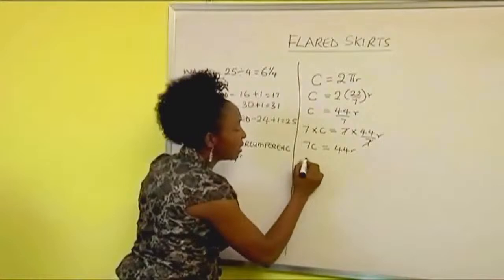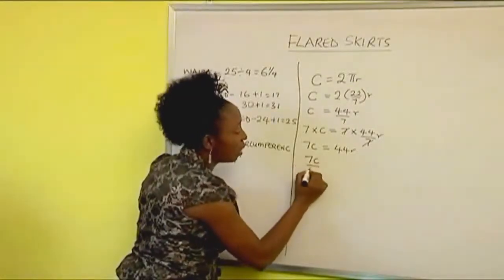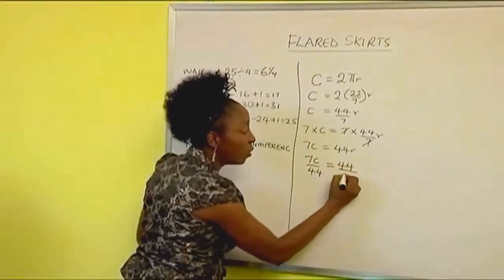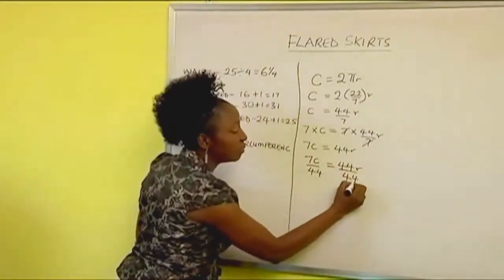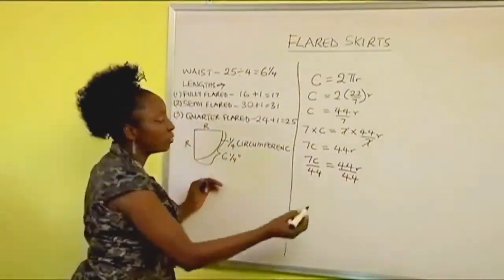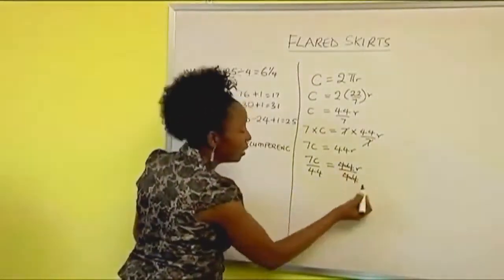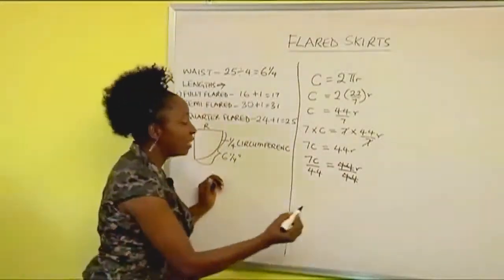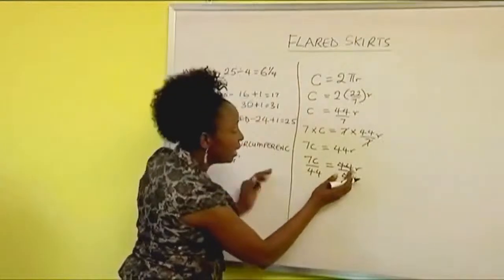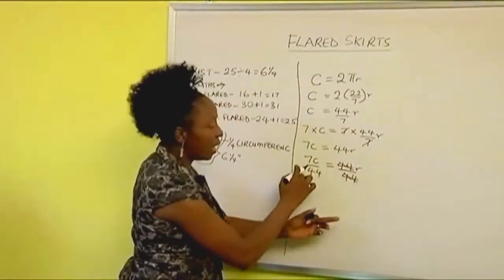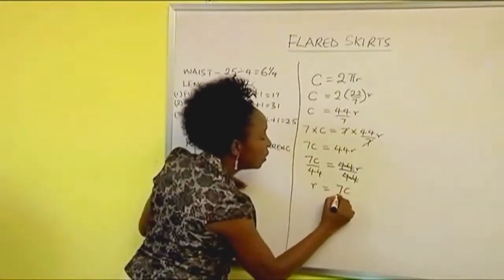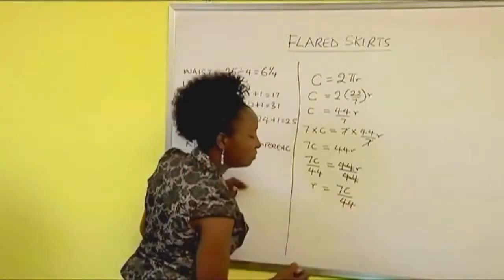So I take that, 7C divided by 44 would give me 44r/44. You can see that. Now once I've done this, I just cancel 44 with 44, and then what I'm left with is r. So now I'll change this to the other side, and that will be r equals 7C/44.